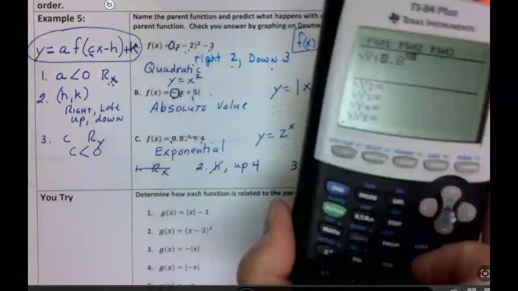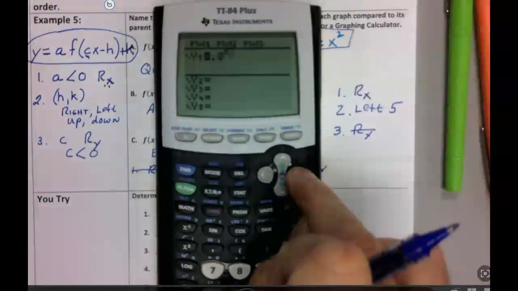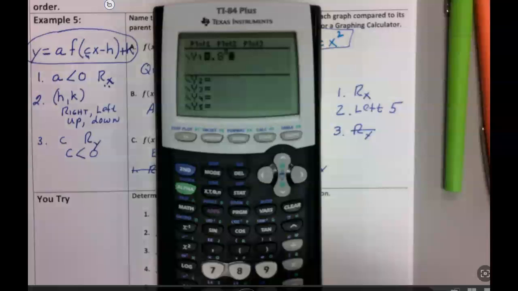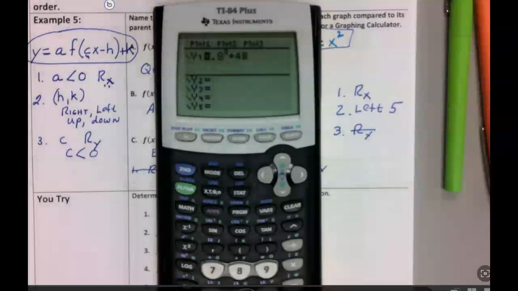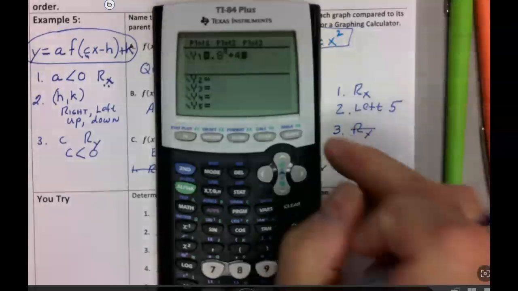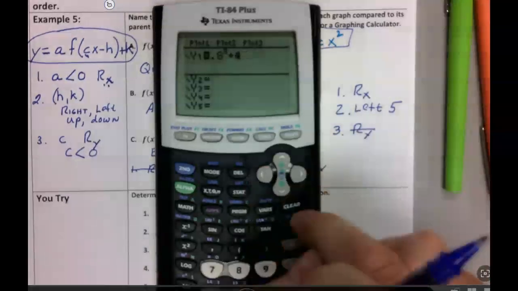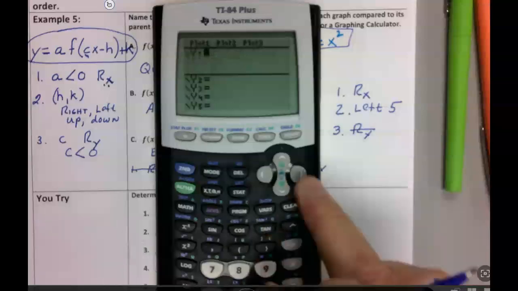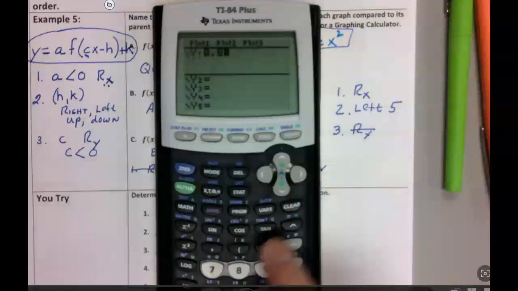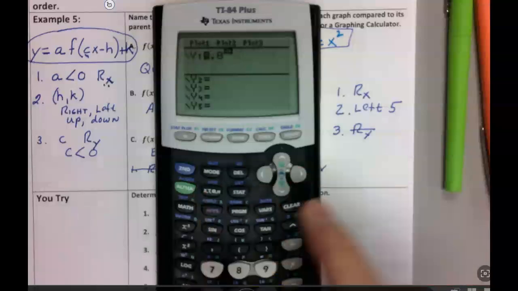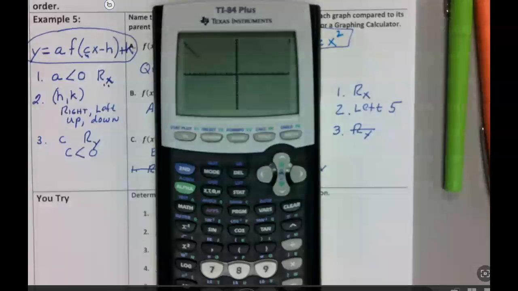So 0.8 to the X, and then you got to arrow down so you get out of that, right? Connie, wake up. 0.8 to the power of X. There's your parent function, okay? And hit graph. There's your parent function.